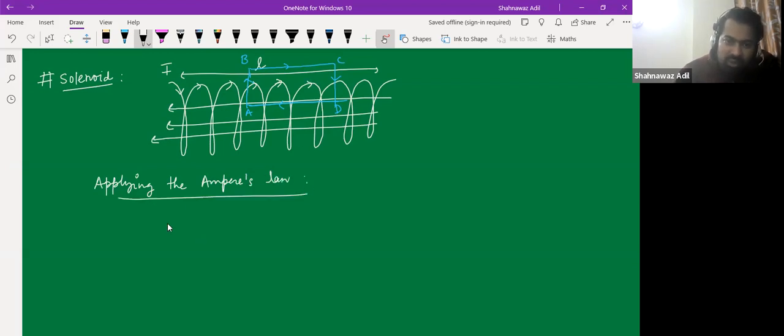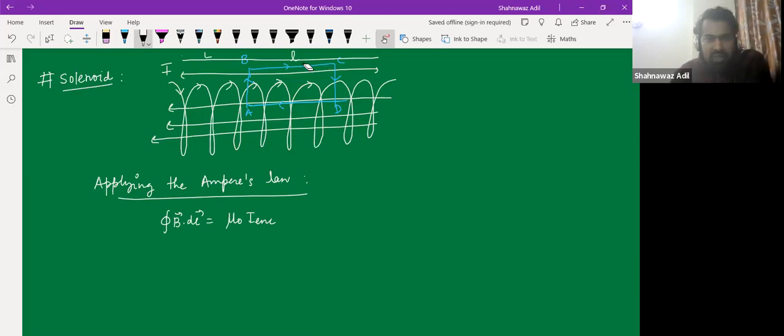That would be B dot dl equal to mu naught I in. And remember, the total length is L, and this length is simply small l.